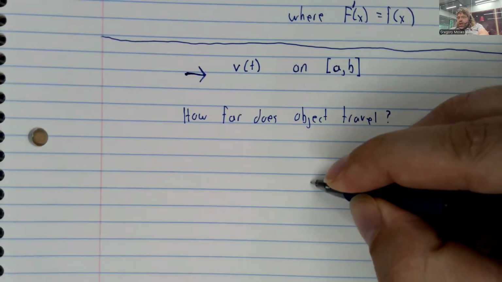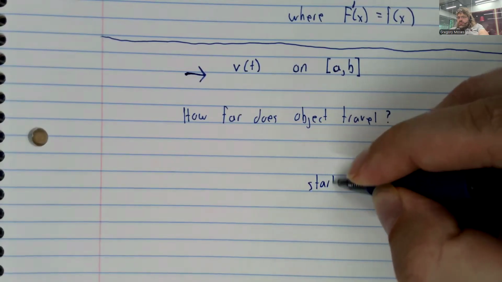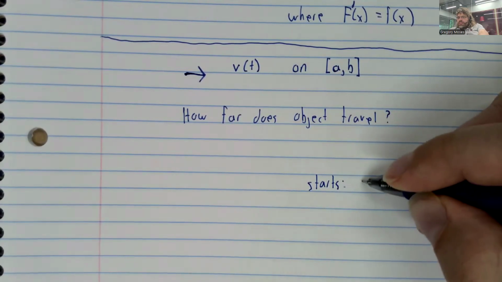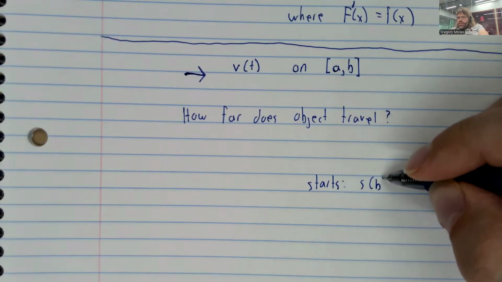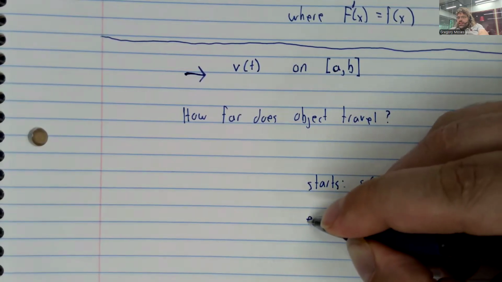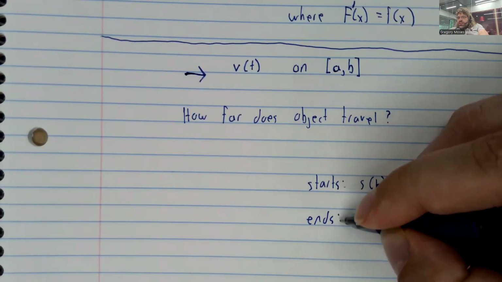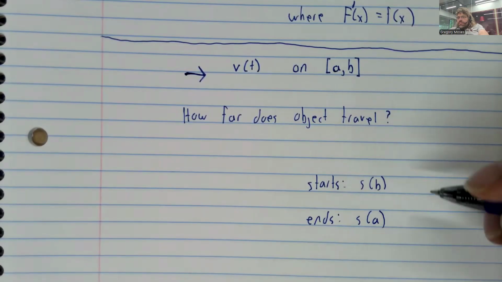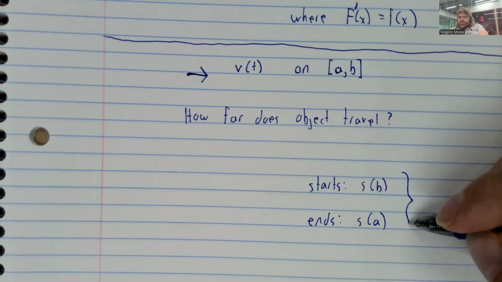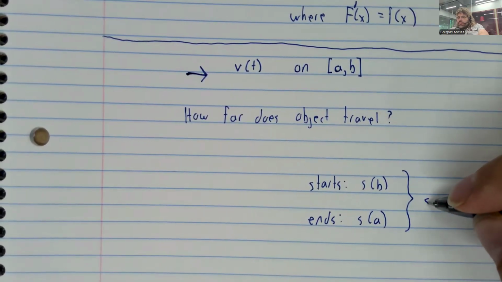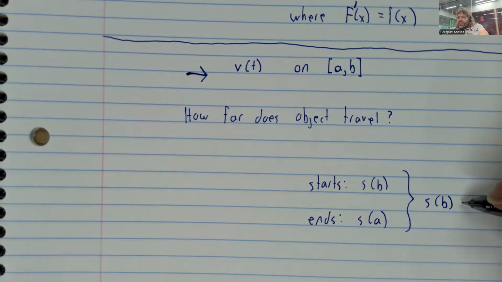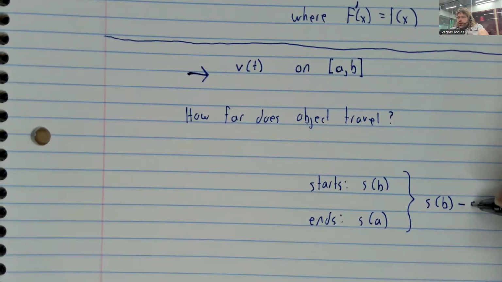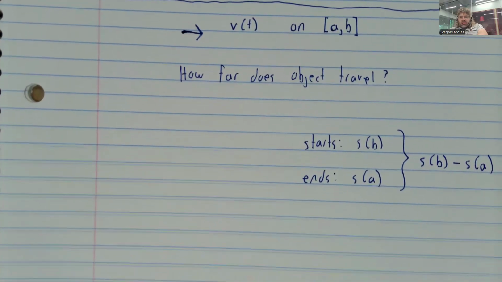Well, if it starts at S of A and it ends at S of B, the distance it travels is just its end position minus its beginning position, right?